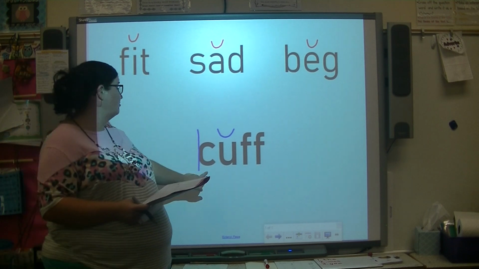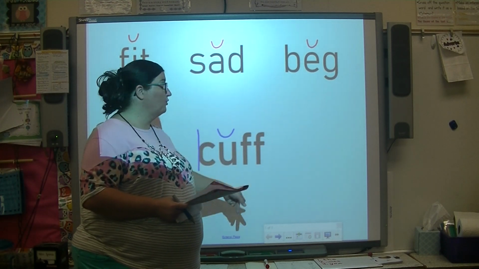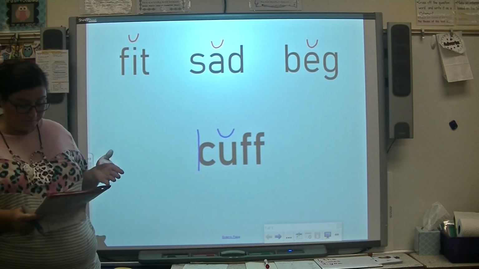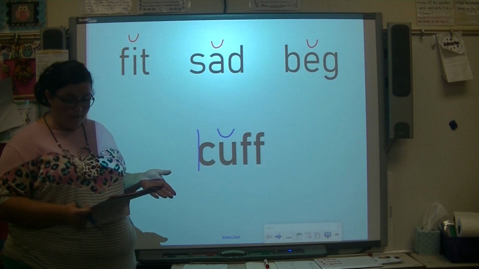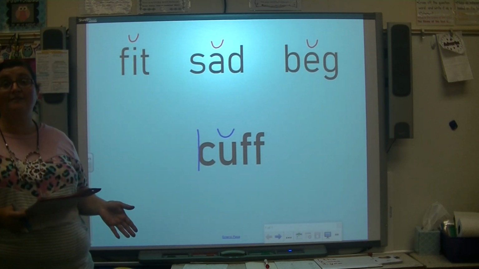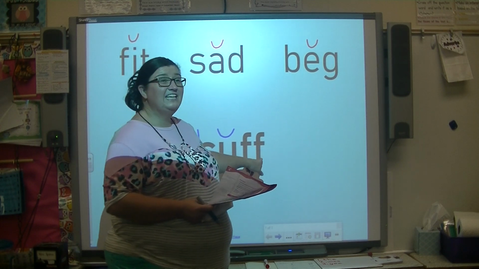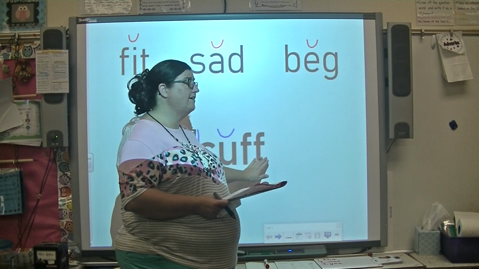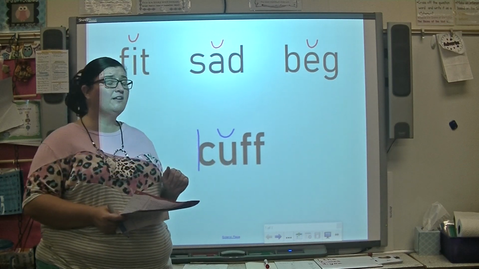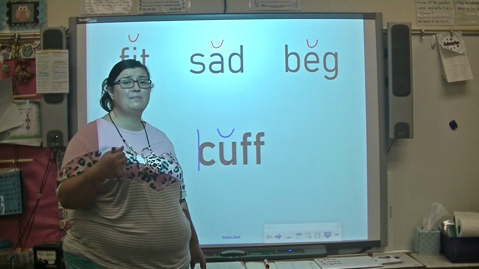Now that you're in second grade, you don't need to code the twin consonants anymore. As we go through, sometimes these will be in other syllables, so you don't have to cross out that twin consonant. Just remember, when you're sounding out, they make the same sound.